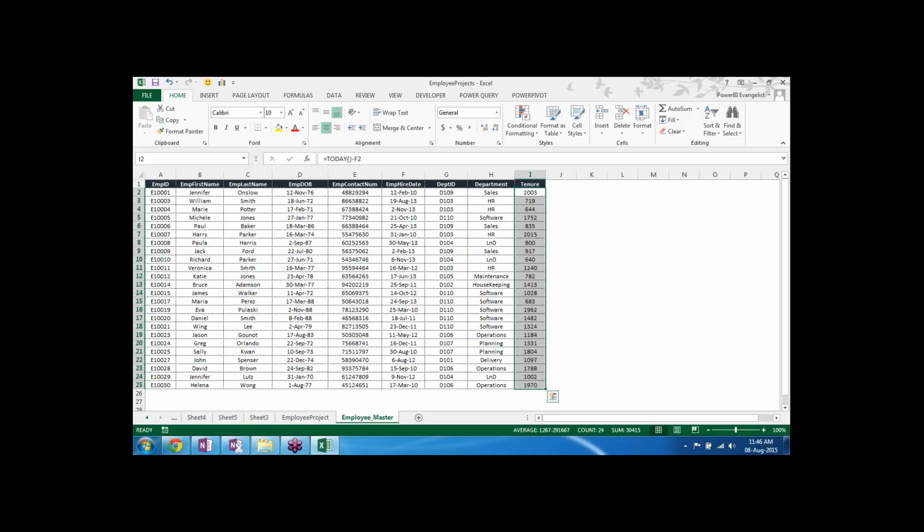Now we are not interested in the days. We are more interested in the year. So what we can do, we can take the year of today, which will be 2015, minus year of the hiring date. If you simply format this, you will see now this is something very interesting. So 3 years, 2 years, 5 years, 4 years. So I see there are a number of years as a seniority.